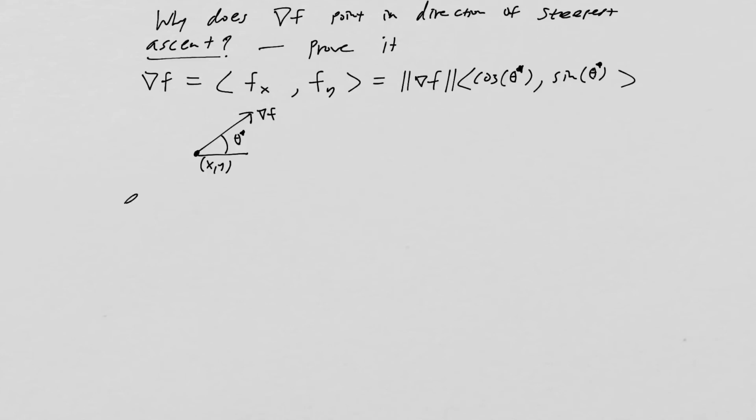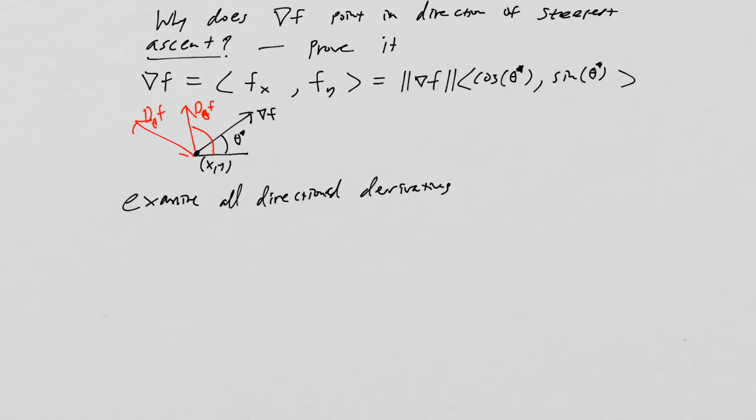Now, let's examine all directional derivatives. So we're going to look at D u f in this direction. We'll call it D theta f in that direction. We'll look at all of them, and I want to know, is this specific one there better than all the others? So let's examine all directional derivatives.